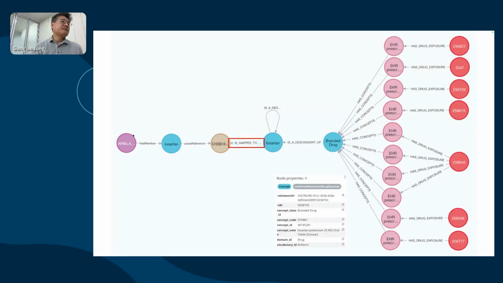The angiotensin receptor blocker is the chemical compound I am interested in, which can be specialized into some branded drug. It has a reference node for ChEBI, which is mappable from the drug code of the CDM, and which can be specialized into a branded drug that is prescribed to the patients.